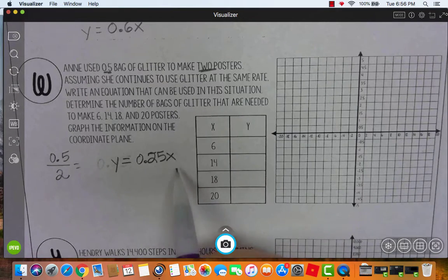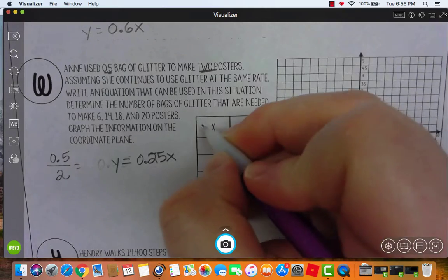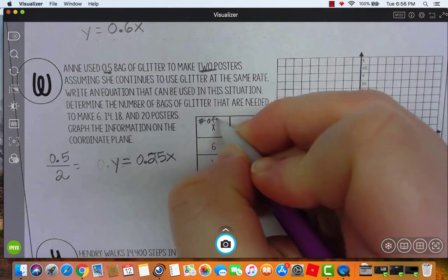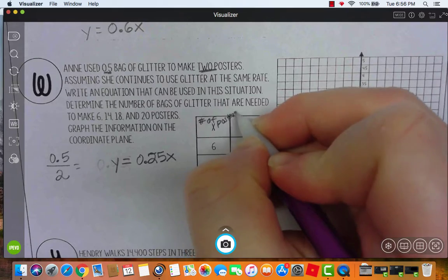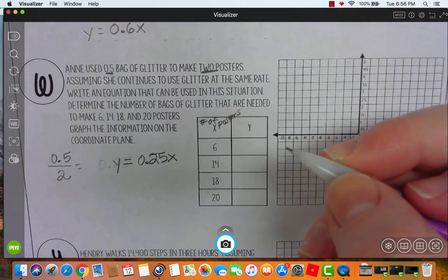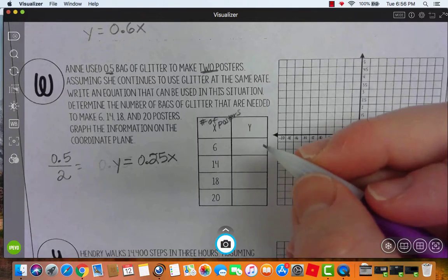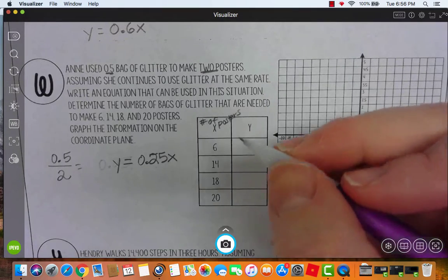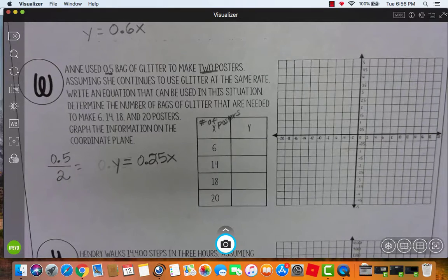Remember, x is the number of posters, and if you want to remind yourself, number of posters. And then y is going to be how much glitter, how many bags of glitter you're going to end up needing. Okay? So this is you. You're going to just start plugging in x.